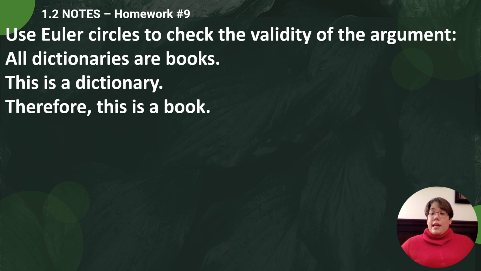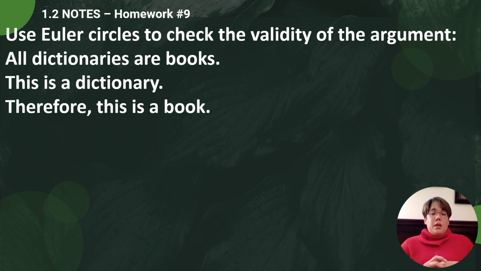Okay, in our mathematics, we are going to use these Euler circles to check the validity of the argument. All right, so let's talk about these circles. I'm going to show you how to use these particular types of circles by definition to check, and this is the type of deductive reasoning.